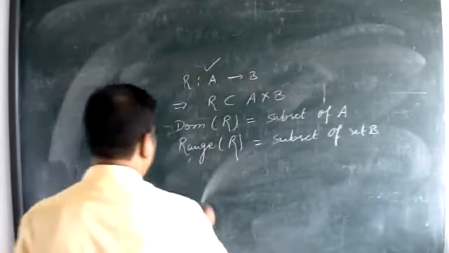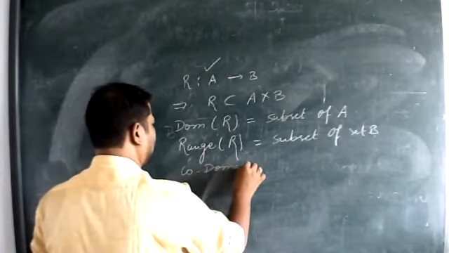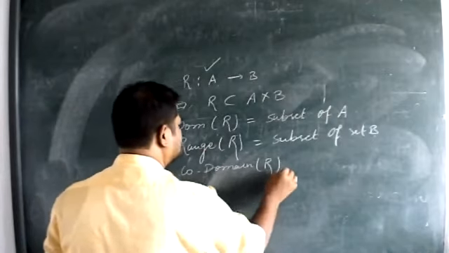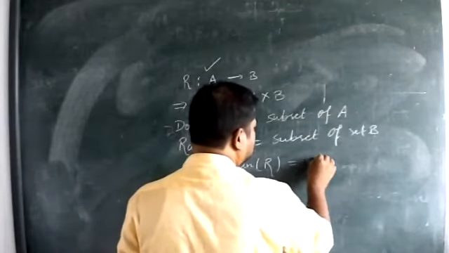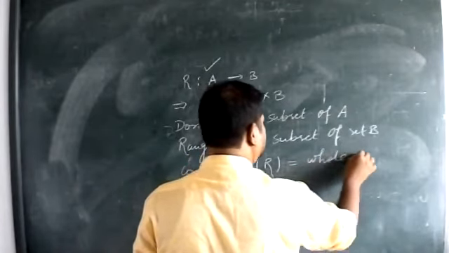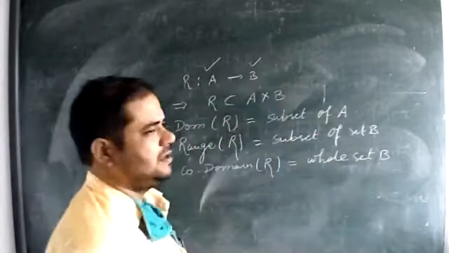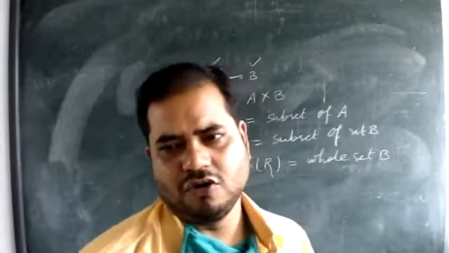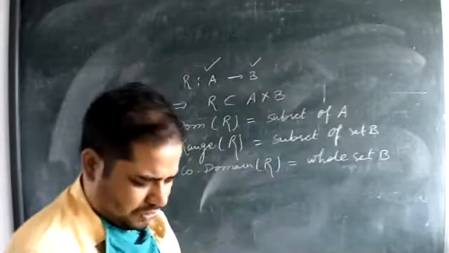And what is the codomain of R? Codomain of R is the whole set B. ये जो दूसरा सेट है, पूरा सेट कोडोमेन होता है। Okay.